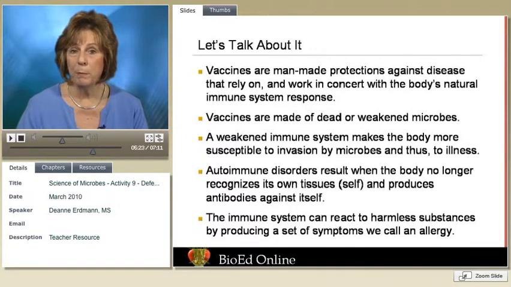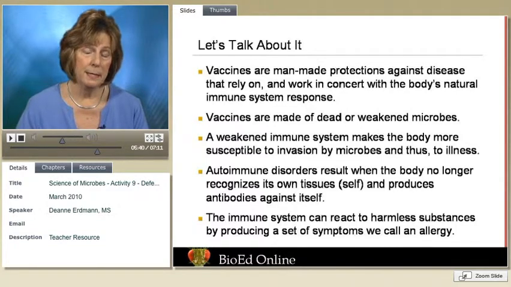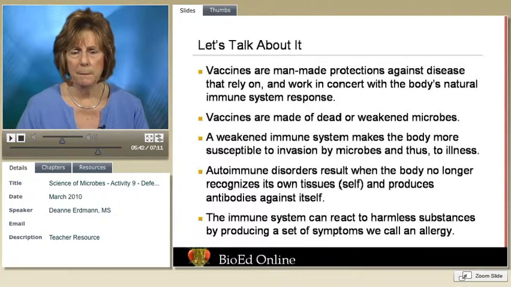Sometimes the body responds to something like pollen or pet dander and treats it as if it's an invader. And a lot of the ill effects that we feel when we do have some sort of a microbe come from our body trying to get rid of it. It's raising the temperature, trying to put the microbe in a condition where it doesn't grow as well, that allows your body to get a better hold on it.